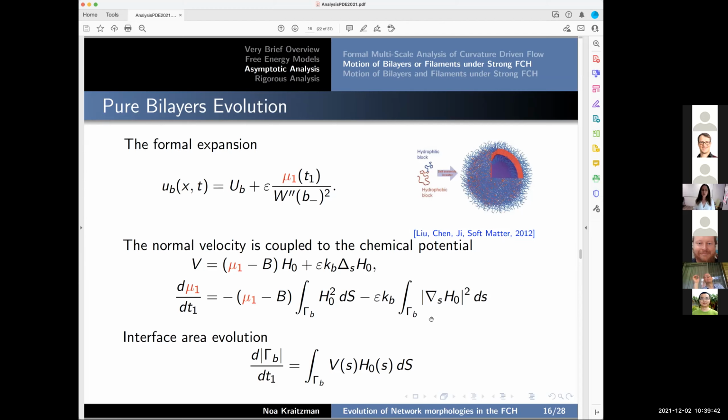We find that the normal velocity is coupled to the chemical potential, and the chemical potential is determined by the total mass of the system. The evolution of the interfacial area is the integral of the normal velocity times the mean curvature.